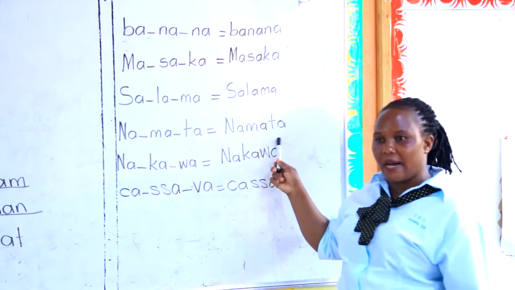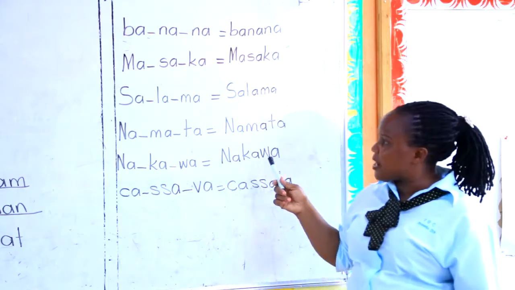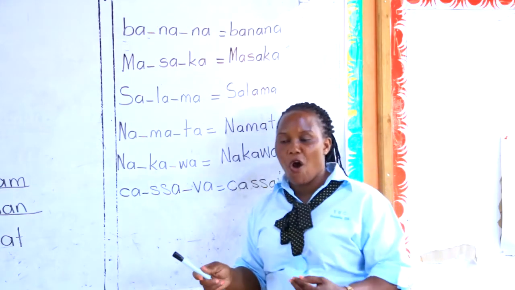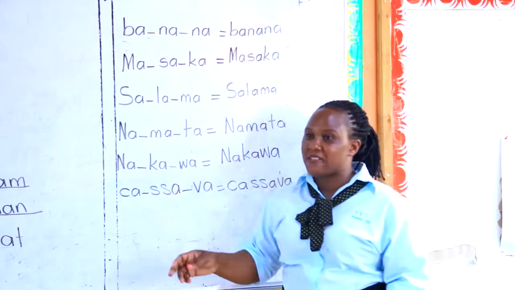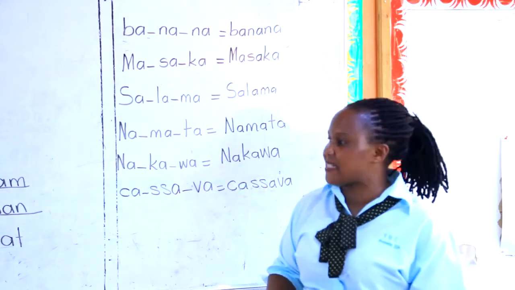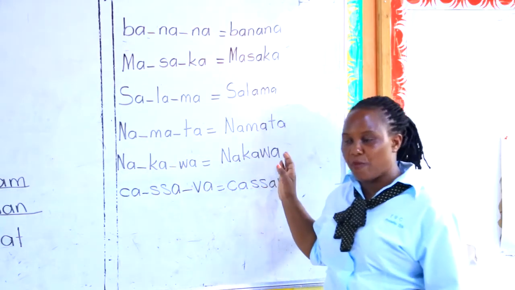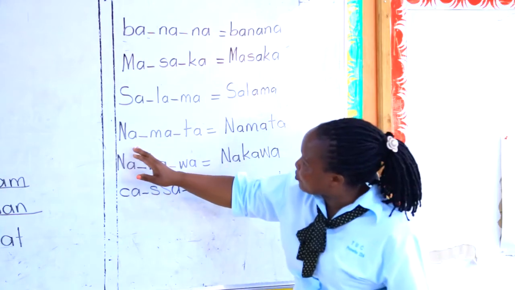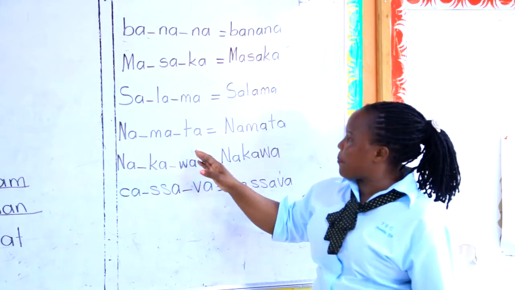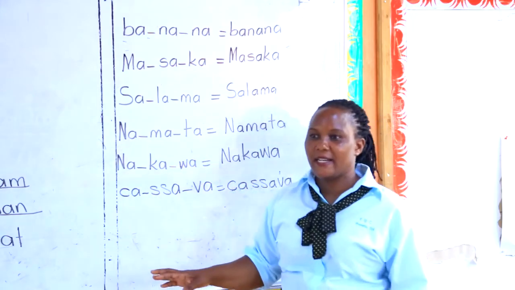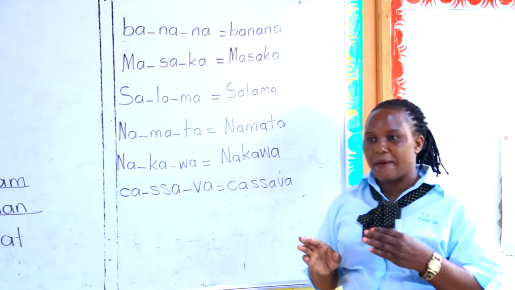Namata. Again. This name can be pronounced in two ways. It's a name of a what? A person. It can be pronounced differently depending on the clan that person is coming from. Those people from Mutima, the Hat clan, pronounce it one way. Those from the clan of Ente, the Cow clan, pronounce it the other way.